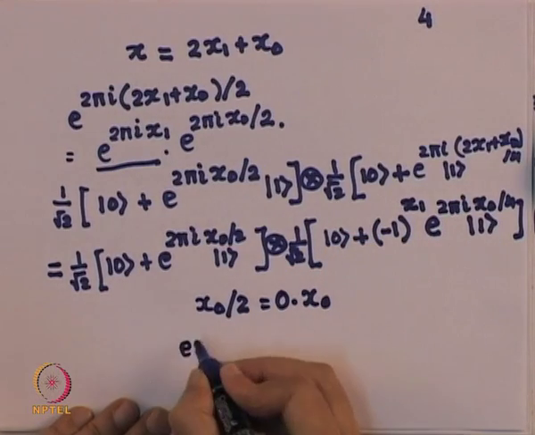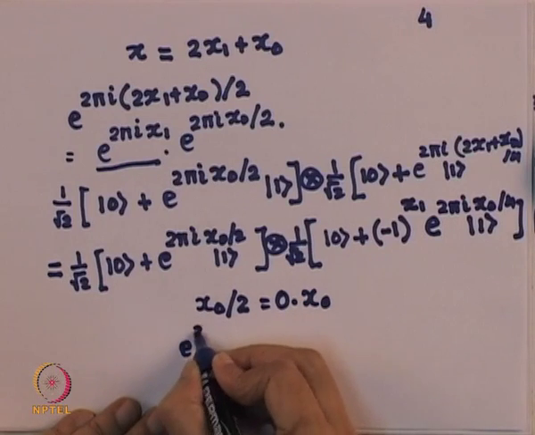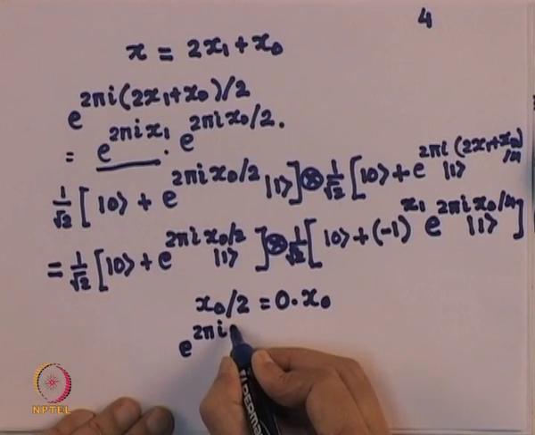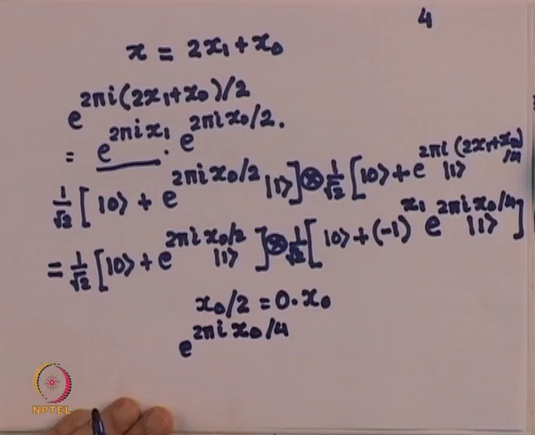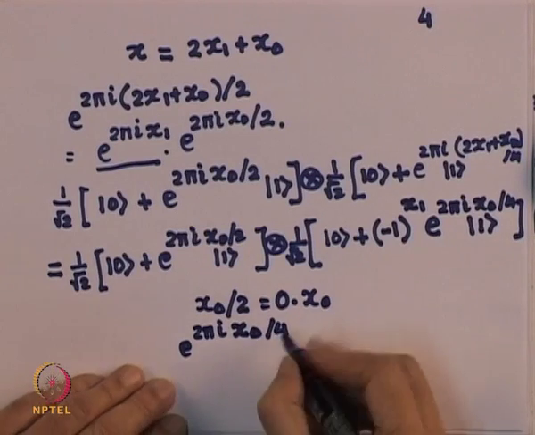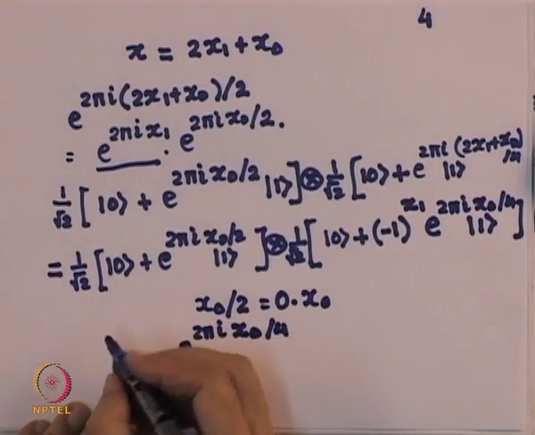Here I have got e to the power 2 pi I x0 by 4, and here there was a minus 1 to the power x1, which I had actually written from here.